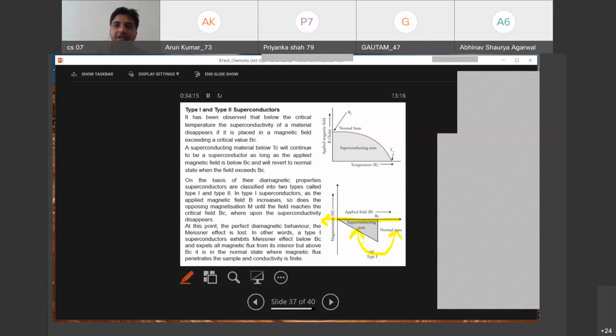Okay, always remember one thing: superconducting materials are diamagnetic, they are repelled by the magnet. That's why we have a decrease in magnetization here in case of a superconducting material.